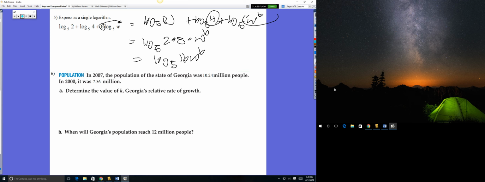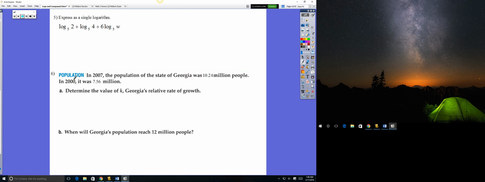Okay, number 6. This is continuous growth or continuous decay, and that is almost the exact same formula as continuous compounding interest. So continuous compounding interest: principal, times e, times the rate, times time.